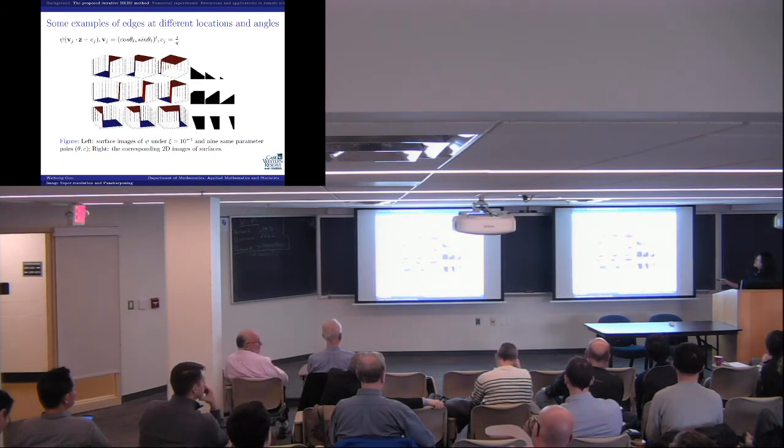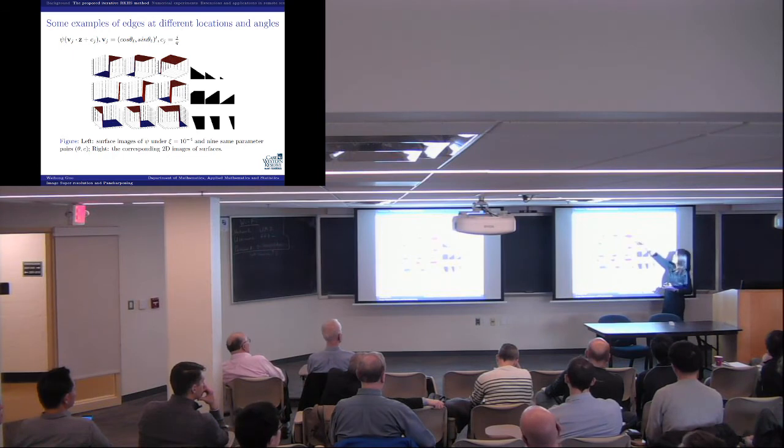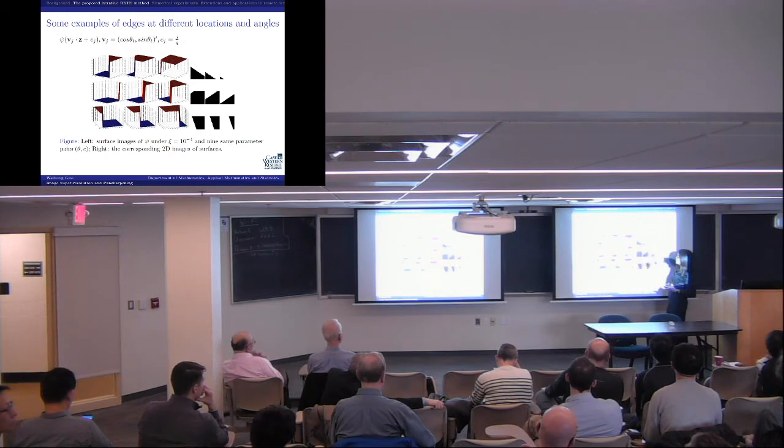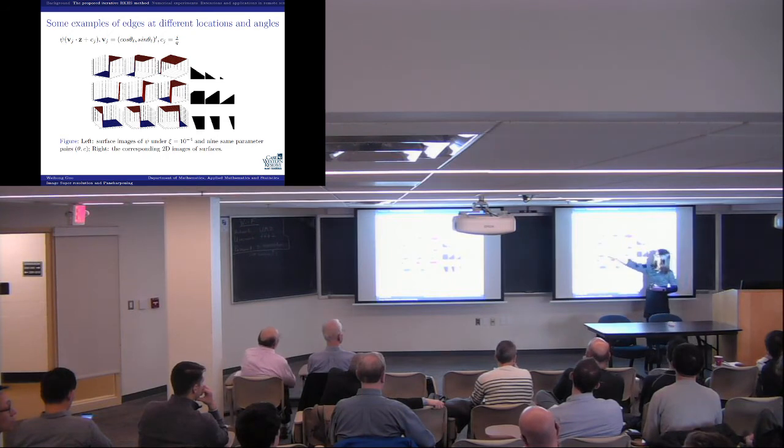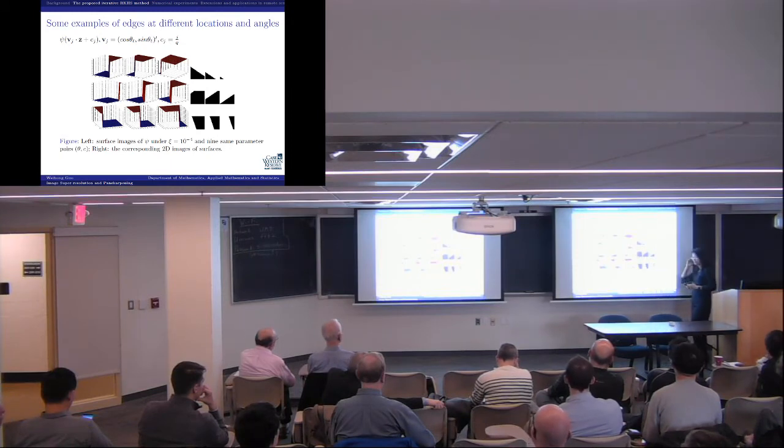You get 2D images with different angles at different locations. For instance, for these three images you have a 135-degree angle, and a 45-degree angle here, here, and here. So these are nine different images with different edges, and these are the corresponding 3D surface representations. You can still see a Heaviside-like two-dimensional jump over there.